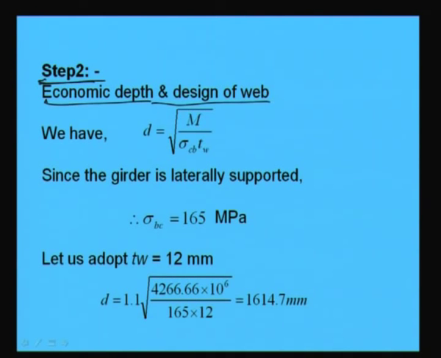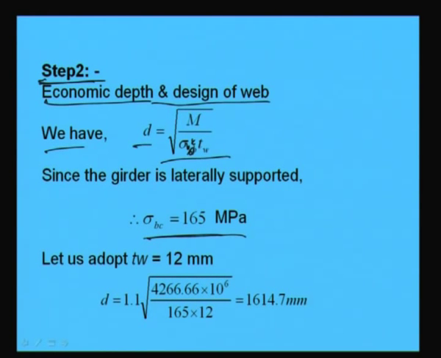So, economic depth, as we know, will become M by sigma Bc or Bt into Tw. Here sigma Bc or sigma Bt is 165 as it is laterally supported, right.